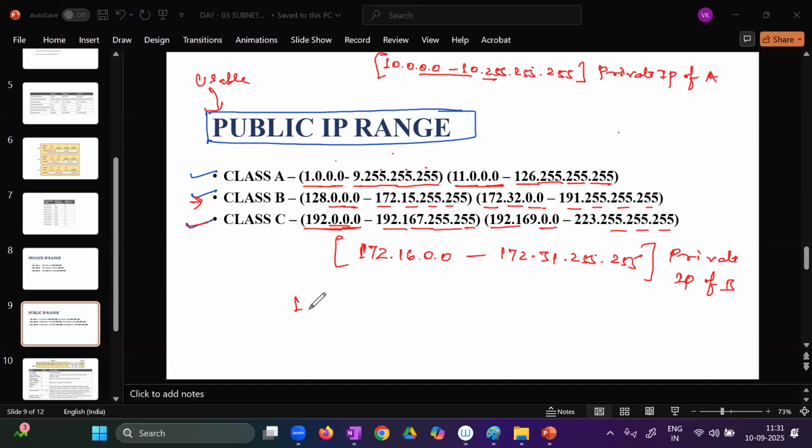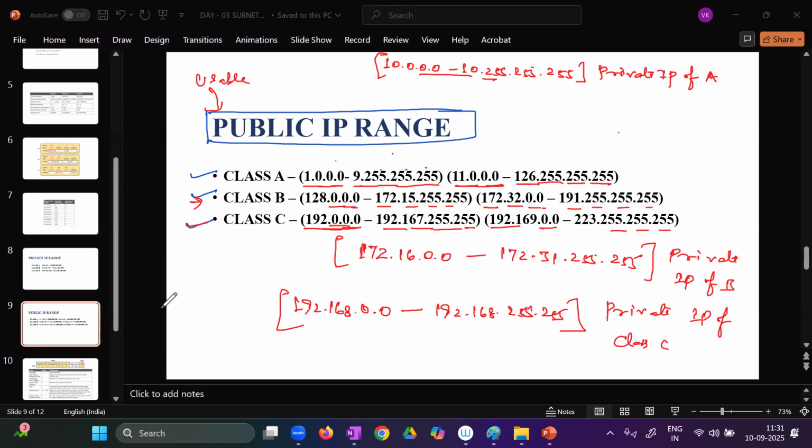So that reserved IP is 192.168.0.0 to 192.168.255.255. This is the private IP of class C.